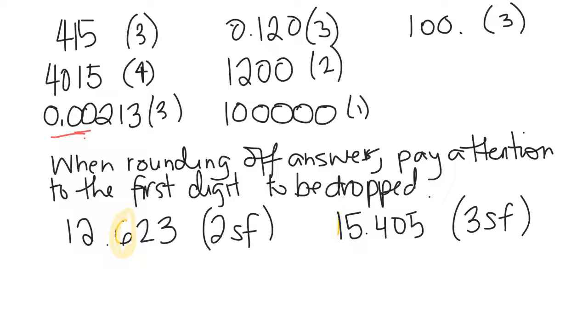Which number is going to be dropped? Which one out of all of those? The 0. This number right here, the 0. So, there's rules.